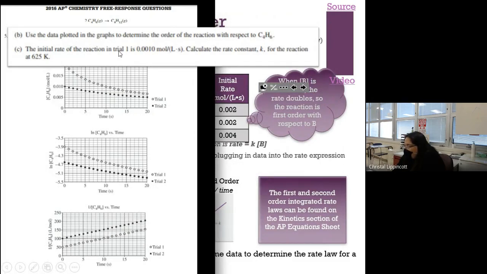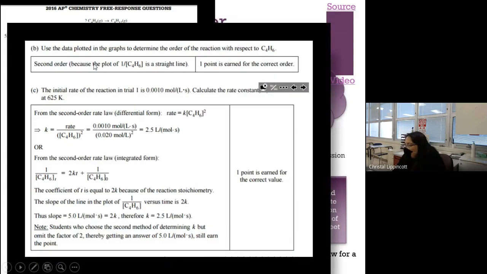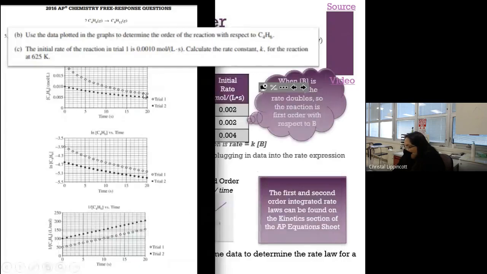And then the initial rate of the reaction in trial 1 is 0.001 moles per liter per second. Calculate the rate constant for that reaction. So how would we do that? Well, we would determine that this is second order because, like I said, this line is completely straight. You should be able to identify that and go, oh, that's second order. This one has a slight curve to the line. This one has a definite curve to the line.